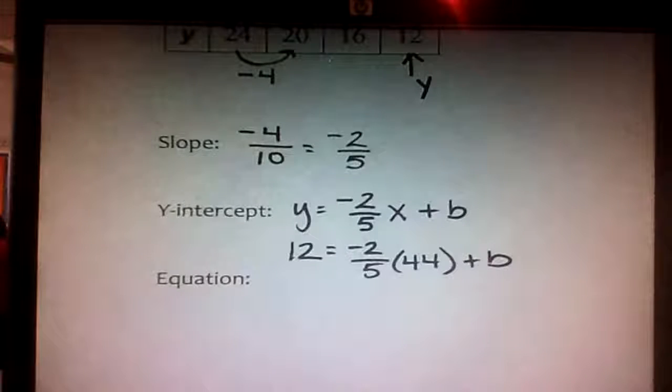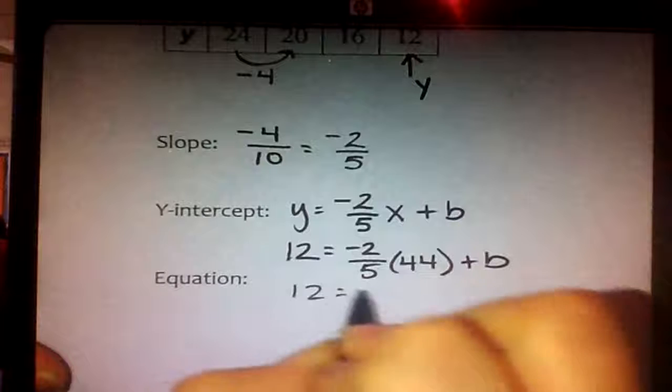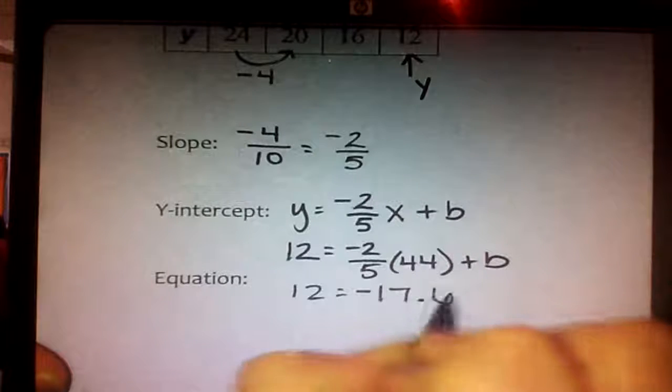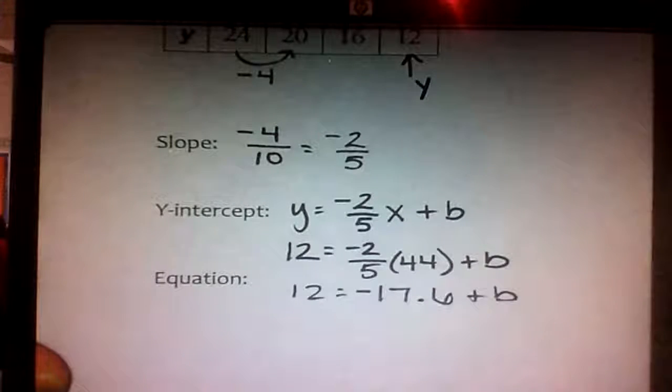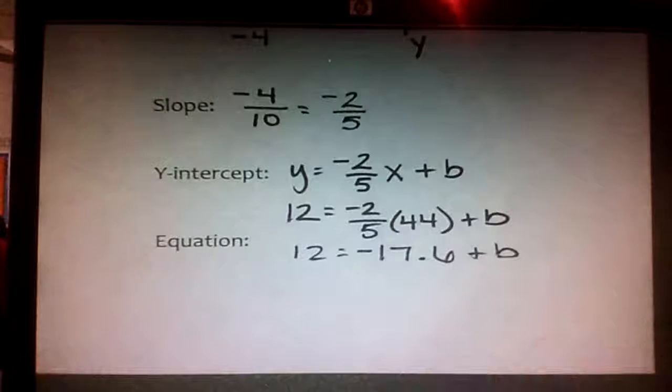So negative 2/5 times 44 is actually negative 17.6. So 12 equals negative 17.6 plus b. Okay. How do I get b by itself then? Not subtract. It's negative, so to move it, we actually have to add.